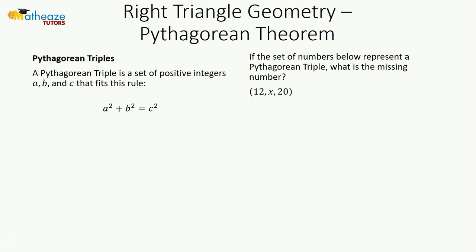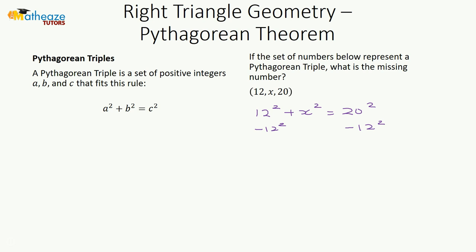If the set of numbers below represents a Pythagorean triple, what is the missing number? So we know that 12 squared plus x squared equal to 20 squared. So let's do something here. We're going to subtract 12 squared from both sides.